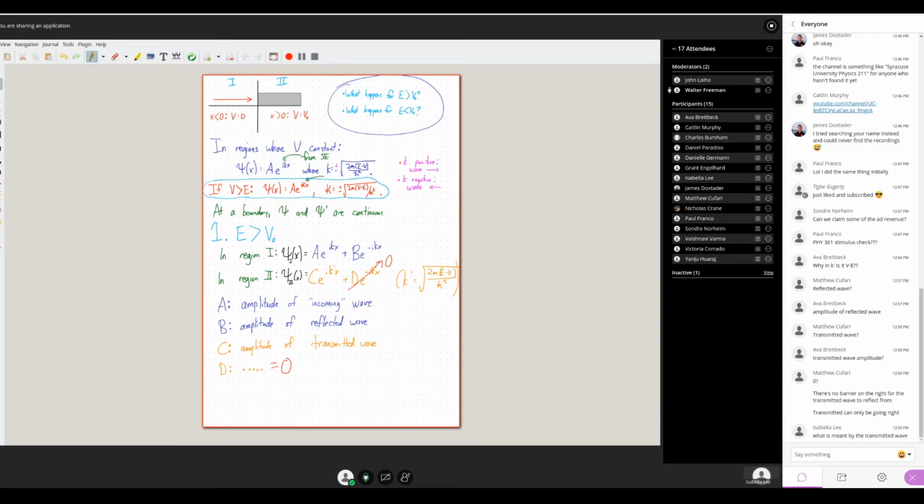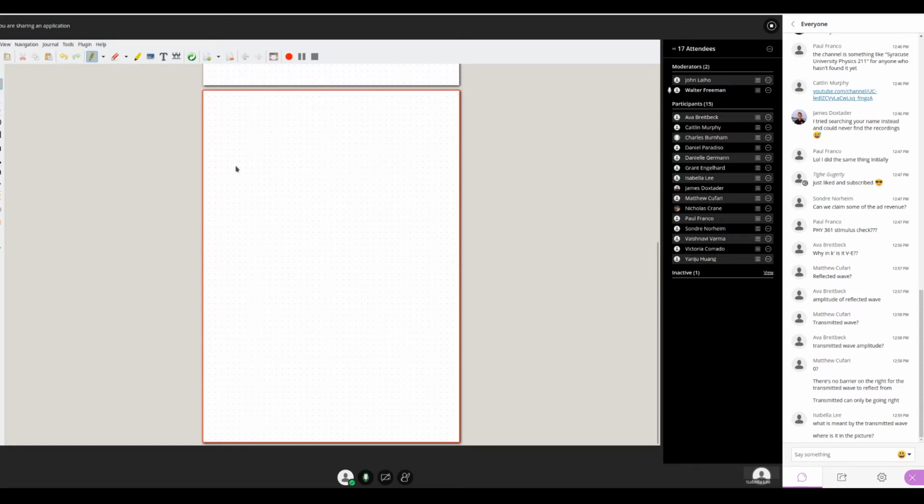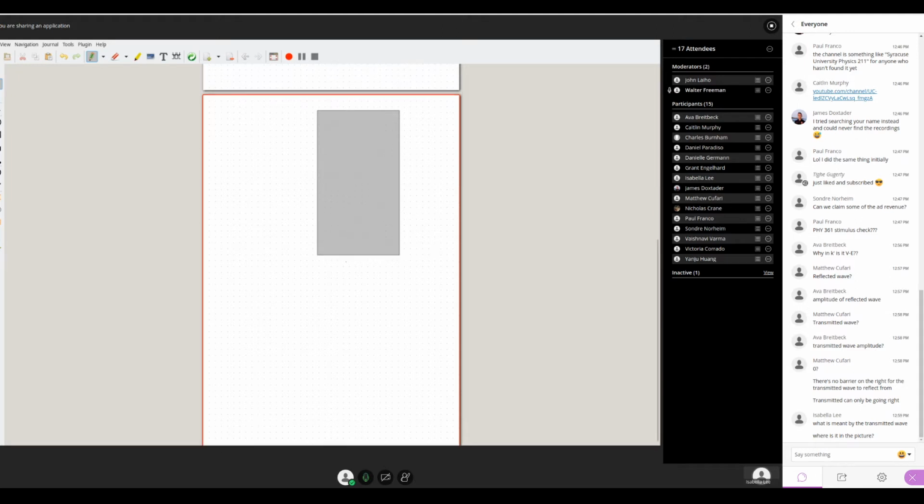Issa asks, what is meant by the transmitted wave? Remember we had an example earlier in class where we talked about the analogy between this and light. I haven't drawn it in the picture. Let's make a metaphor with light, and this metaphor is quite exact. Let's say this is glass and this is air.